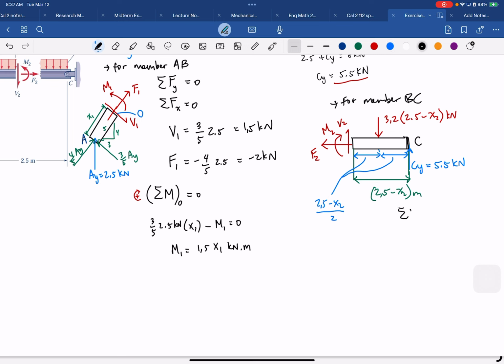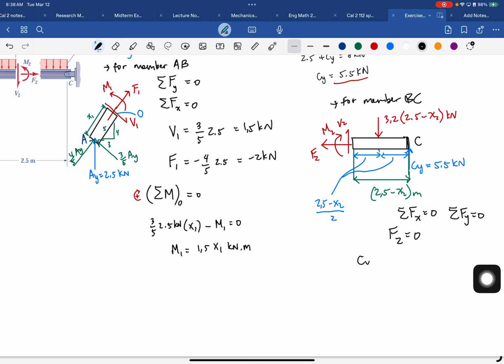So first write sigma Fx equals 0, sigma Fy equals 0. I think there are no horizontal forces, so F2 eventually will be 0, right? And then the vertical will only have the CY and the loads.